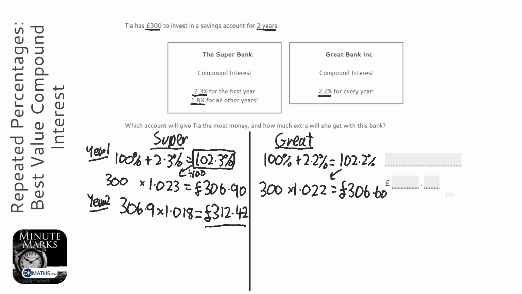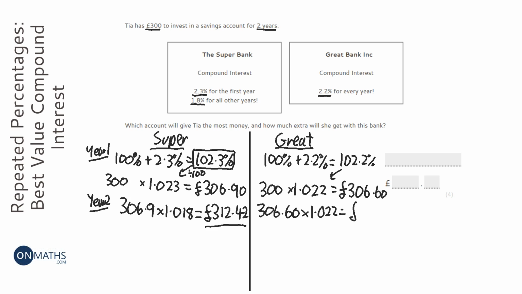Then I'm going to times that again by 1.022, and this time I get 313.34. Actually that would be 35 if I round it to the nearest penny.